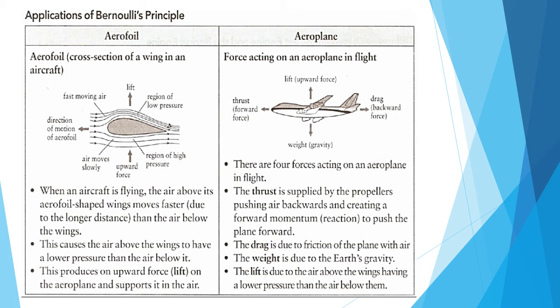It causes the air above the wing to have lower pressure, and the air below it higher pressure.